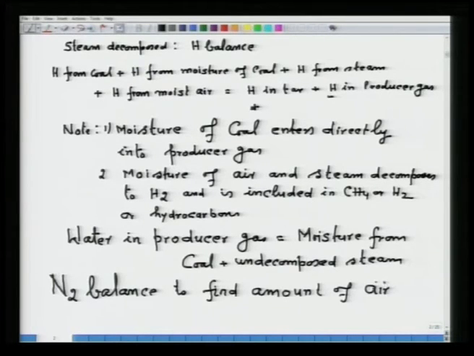Now, here one should note that if the air is dry, then it is clear that 79% is nitrogen and 21% is oxygen. Now, if the air is moist, this composition is no longer valid.